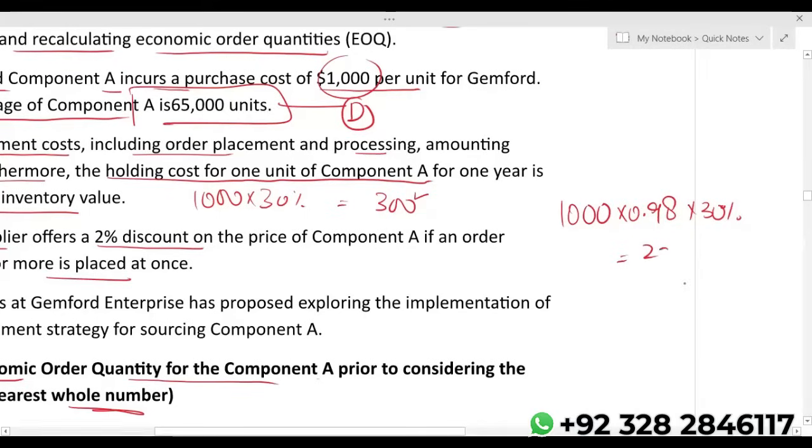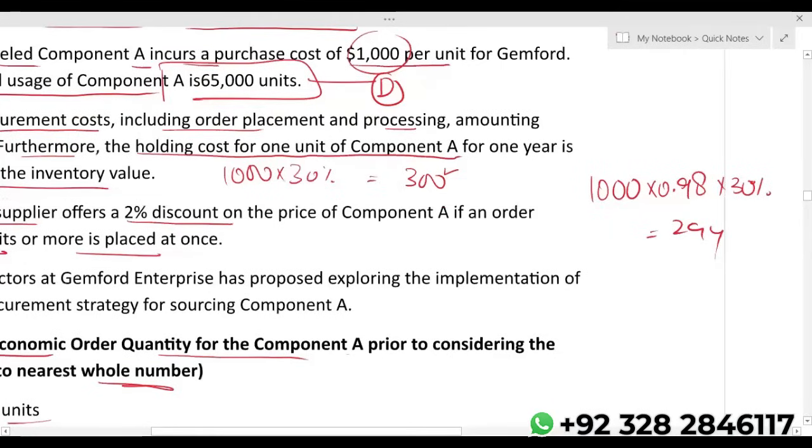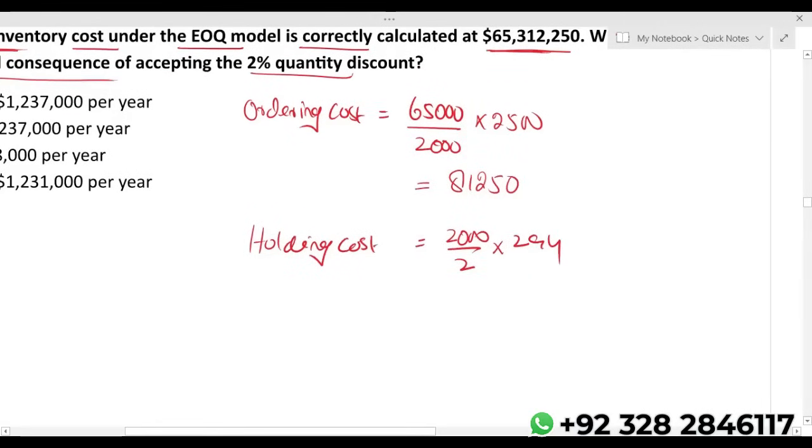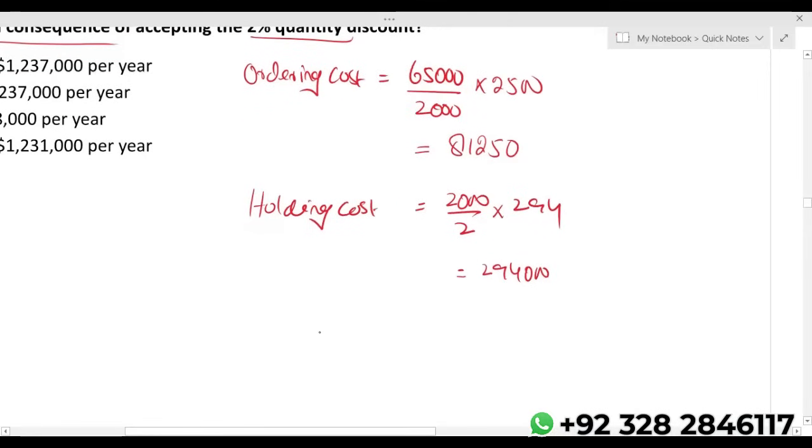It is 294. Now it is not 300. So 2,000 divided by 2 times 294, I'm getting 294,000. I'm getting 294,000.